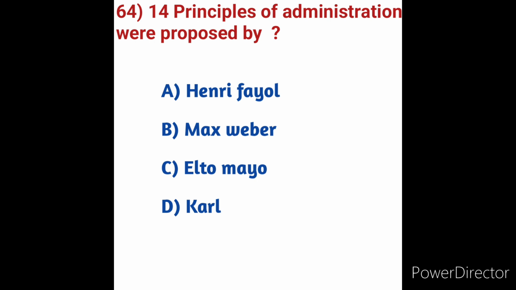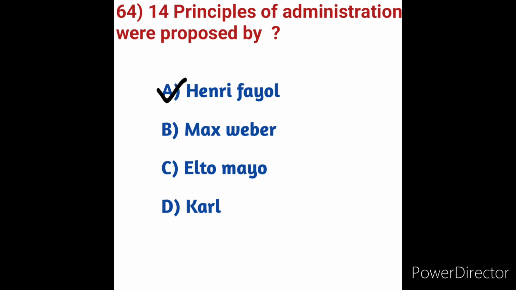Fayol was a French mining engineer who recorded his industry methods. What are the 14 principles of administration? Division of work, authority and responsibility, unity of command, unity of direction, equity, order, discipline, initiative, remuneration, stability, scalar chain, subordination of individual interest, esprit de corps, centralization and decentralization.